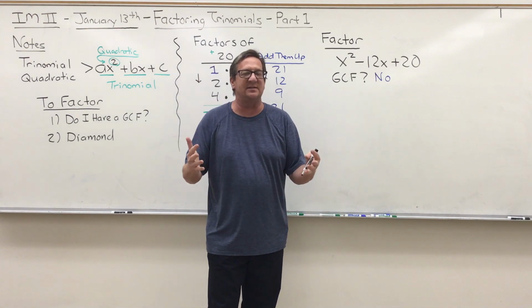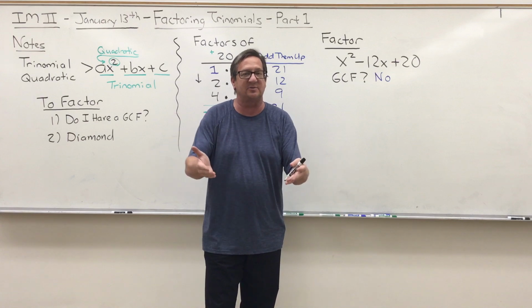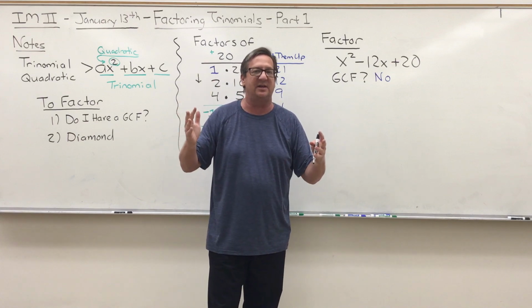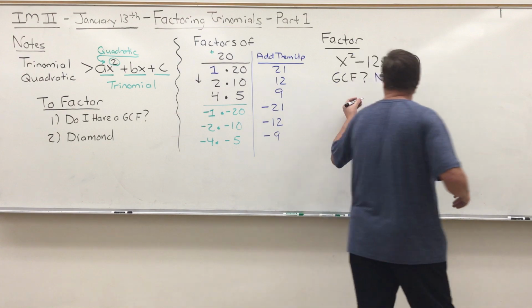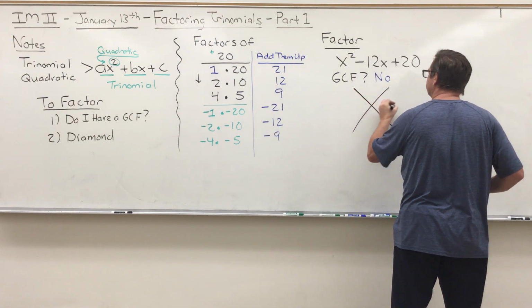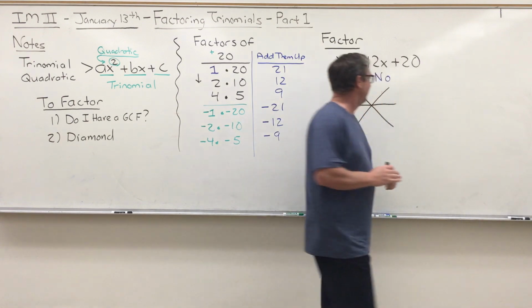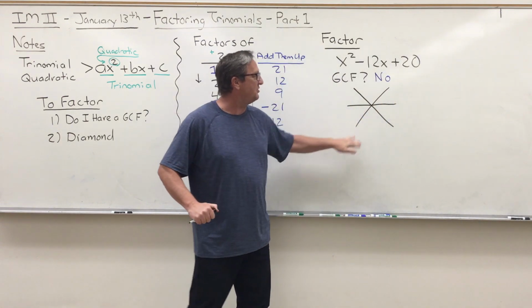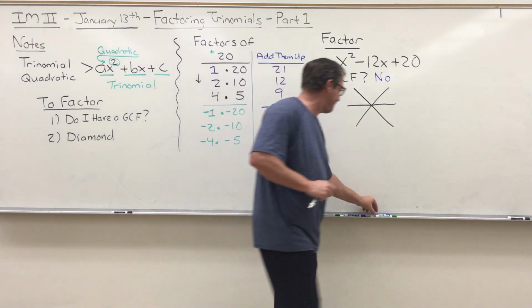Remember, the diamond doesn't give you the answer. We put the answer in, but it's not some sort of magic thing. And so we call the diamond, it looks like an asterisk or a snowflake or something like that.